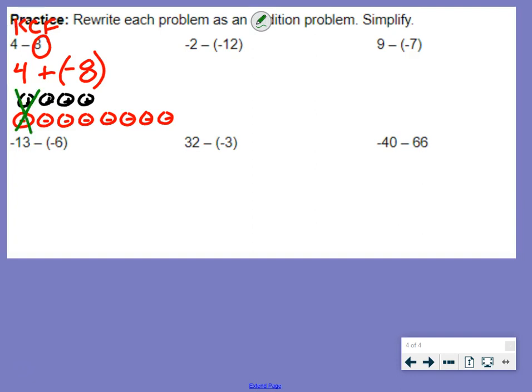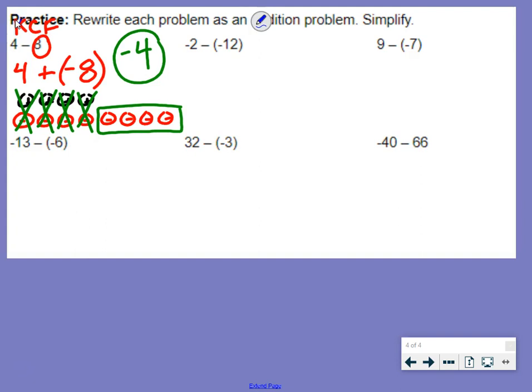If I have $1 in my pocket and then I spend $1, I'm now at $0. So I can cross off all the positive negative pairs. But now, how many do we have left? We have 4 left, but they are -4. So our answer there is -4.